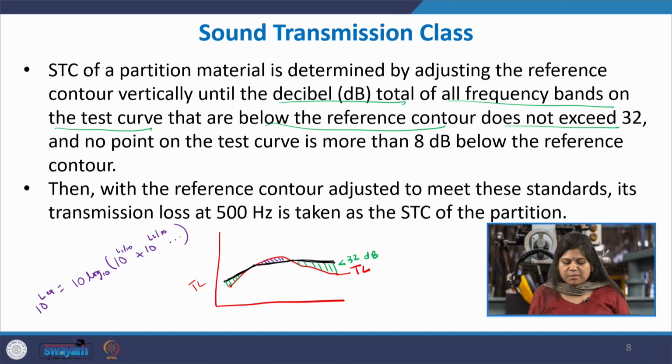So, when you combine the decibels, the total decibels below the contour must not exceed 32. The maximum point on the test curve which is above the reference STC contour, this value here, should not exceed 8 decibels, and all the points that are below should total less than 32 decibels.